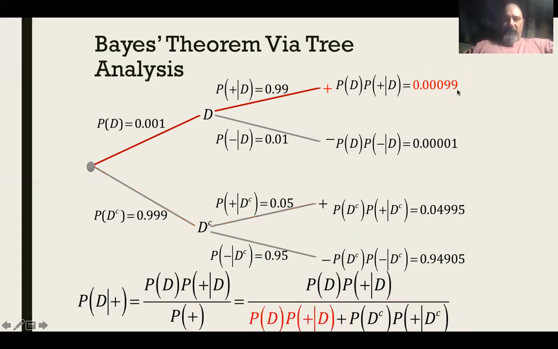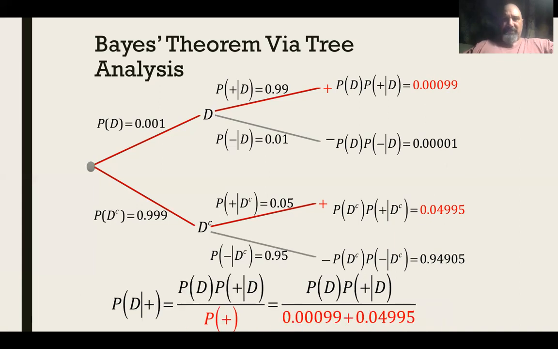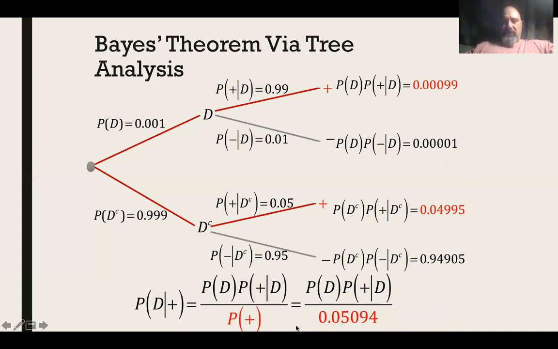Right, and what I'm interested in, well, there's the 0.0099, and there's the 0.04995. Together, the sum of those, that's the denominator, because I'm constraining. I know already that I tested positive, so I'm in one of those two states. So the denominator is the sum of those two numbers, 0.05094, but what's the numerator?